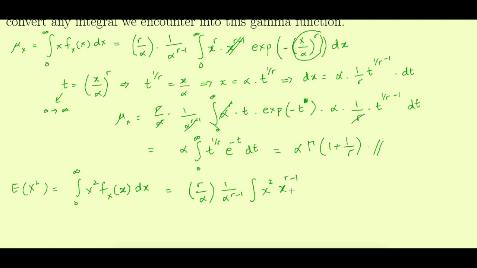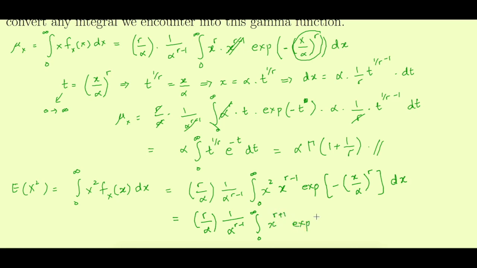So x squared here, x to the r minus 1 here, and then exponential of the same story, and then we have dx. Okay, so now this is the integral from 0 to infinity of r over alpha, 1 over alpha to the r minus 1, x to the r plus 1, exponent of minus x over alpha to the r, dx.